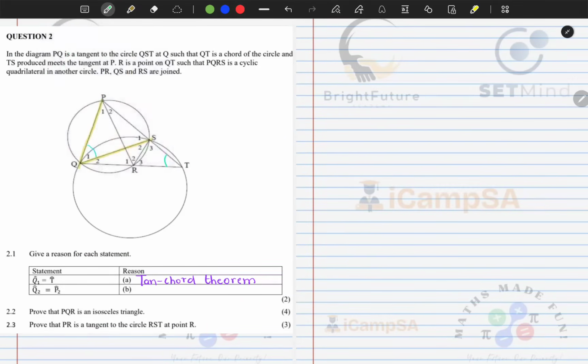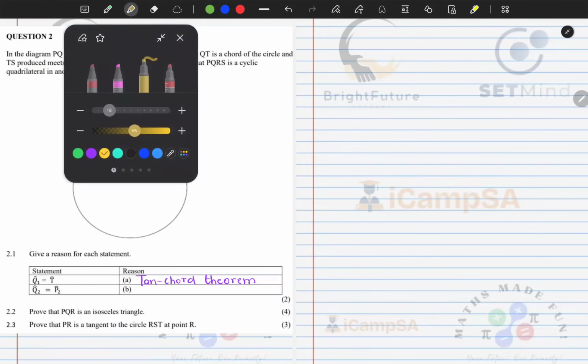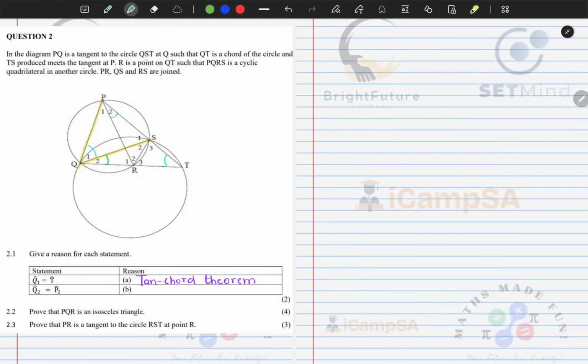Now let's look at the next one. They say Q2 is equal to P2. So let's look for P2. P2 is there. Now, if you look at how Q2 and P2 are, and you look carefully at the circle like that, you will see what is happening here. Let's maybe shade our circle.